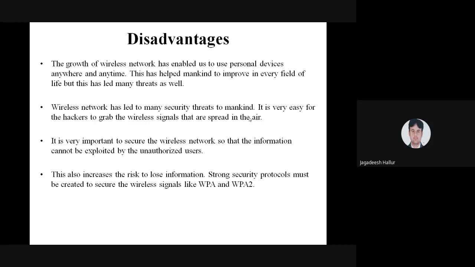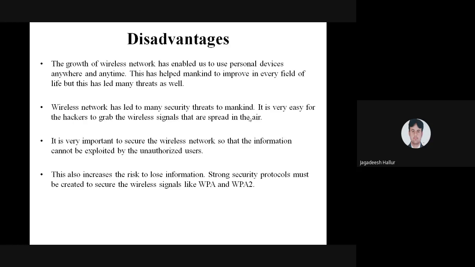You are using your mobile phone, your personal device, anywhere and at any time. This has helped mankind improve in every field of life, and in every field you are using your mobile phones, and this has led to many threats as well.